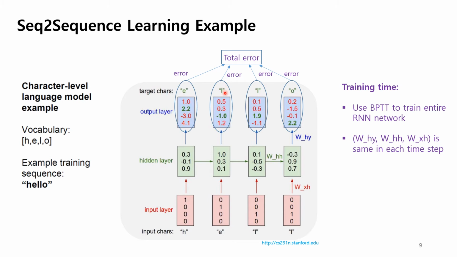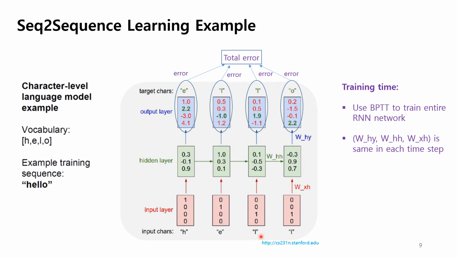The correct output should be L, but the output of this RNN is O. We choose maximum likelihood, so this is an error. Again, you compute the size of the error using maybe cross entropy. So we have an error here, and move on.